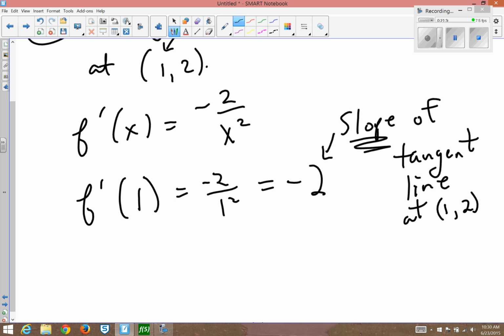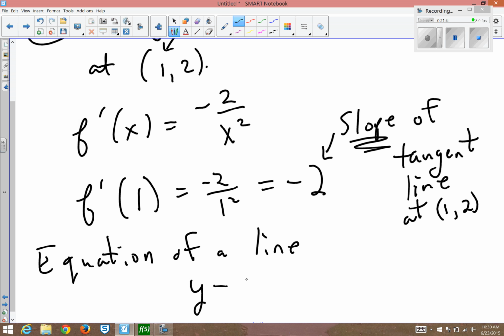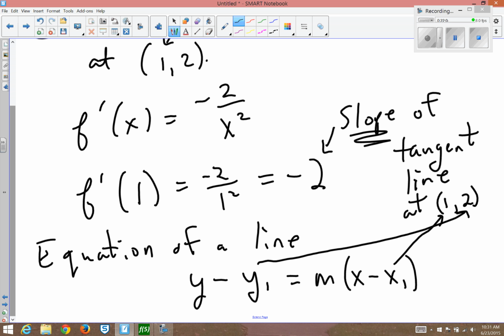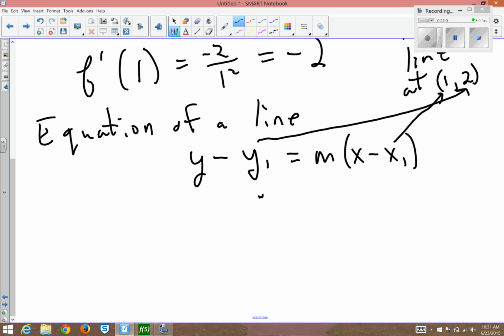And the equation of a line is always y minus y1, the y1 is going to be this number, equals m, that means the slope, parentheses x minus x1. x1 is this number. The equation of the line tangent is y minus y1 is 2.